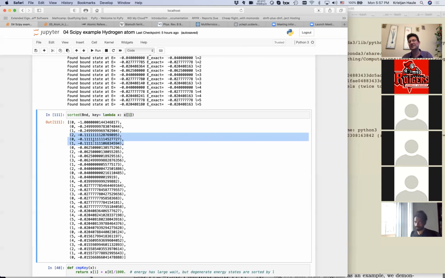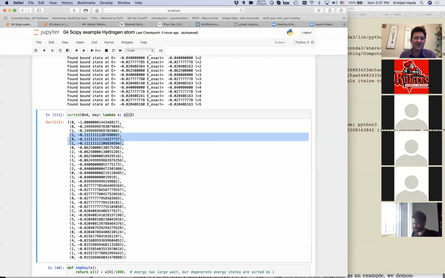So when we turn on the interaction, this degeneracy will be removed. Okay, and then life is, in some sense, going to be simpler when it comes to this sorting problem. But right now, because of accidental degeneracy and because we didn't calculate energies to high enough precision, the S and P and D states might be reversed sometimes. And that's definitely something we don't want.